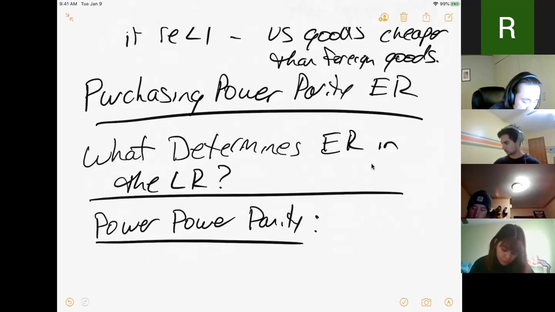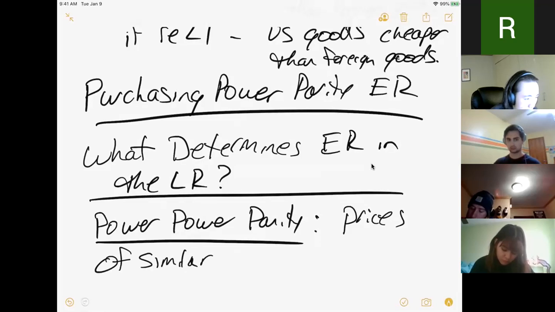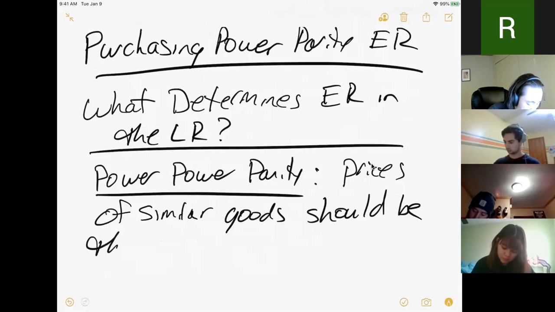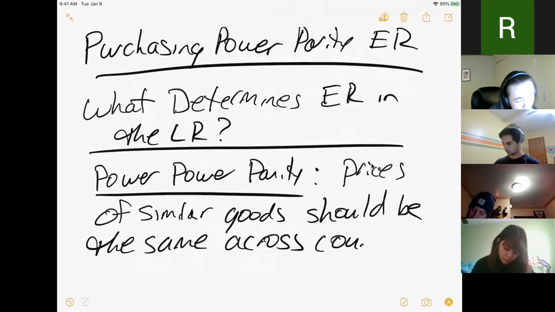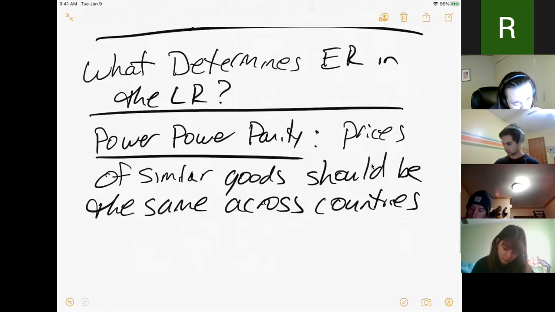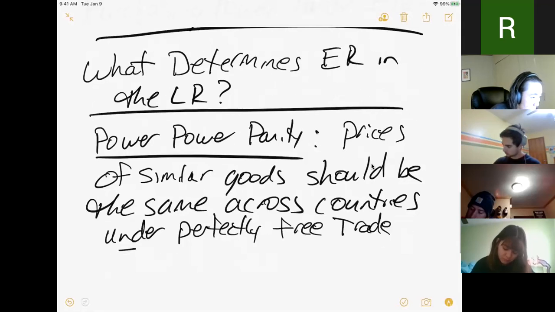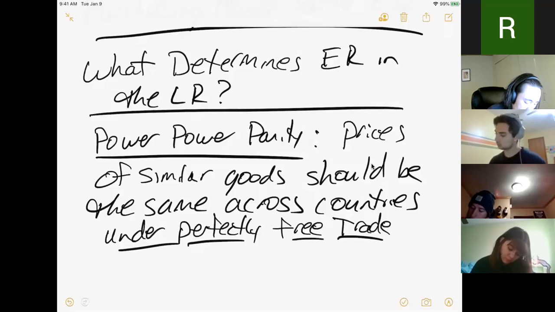It simply says the prices of similar goods should be the same across countries. Under perfectly free trade, if trade between two countries is perfectly free, then prices of similar goods should be the same.